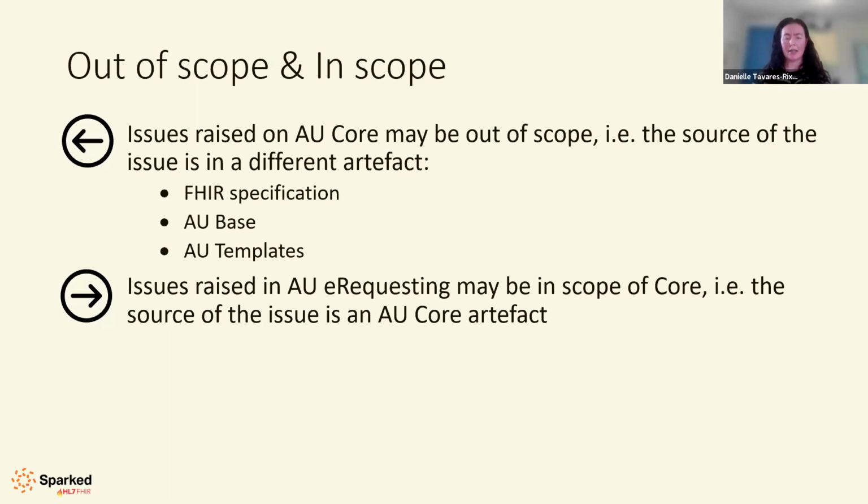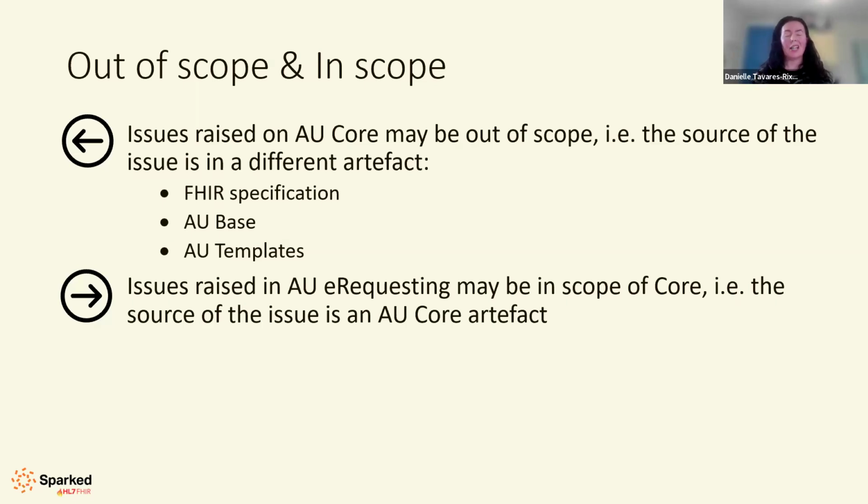So in that case, that is viewed as out of scope, and we would close that with non-persuasive, but what we would be doing is documenting in there why, as in the fact that this is viewed to be related to the FHIR standard. We would also provide the information on how to raise that on the FHIR specification, because it's important that people's feedback can be directed to the right area.